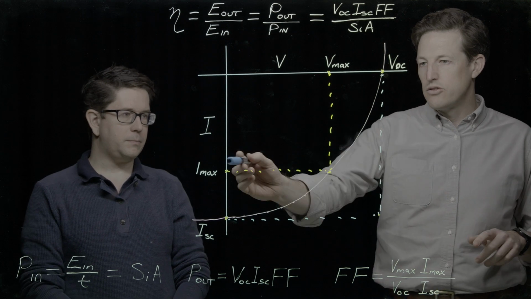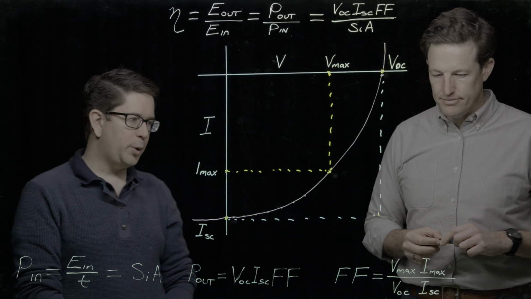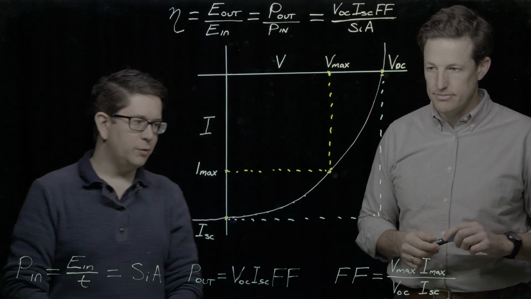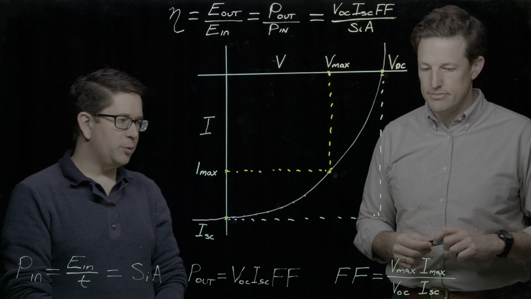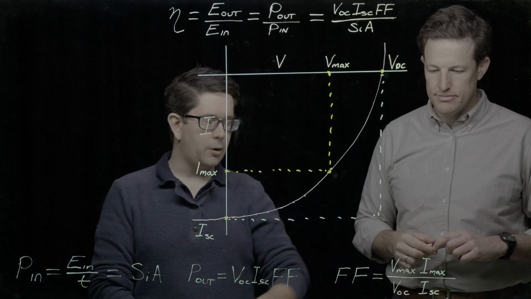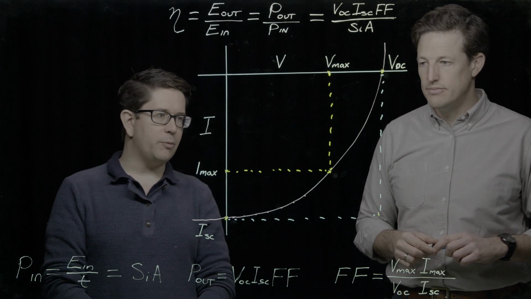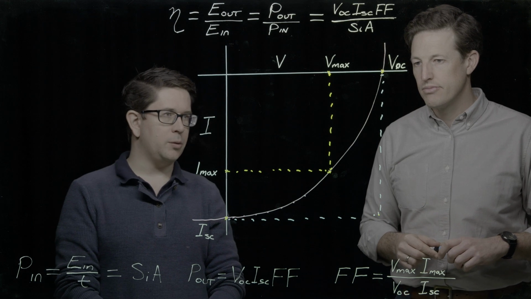Now, we've drawn these two rectangles here. What are they about? Yeah, if we go back to our equation for fill factor, you'll notice that we've got voltage times current on the top and voltage times current on the bottom. What fill factor is capturing for us is the ratio of the areas of those rectangles.